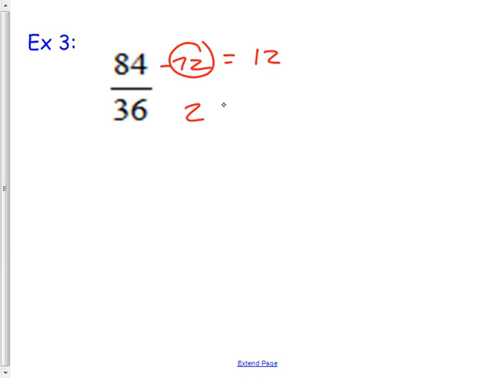So I'm going to have 2 12/36. I know I can divide this by 12 and this also by 12 to get 2 1/3 for a grand total there. So 84/36 can be written as 2 1/3 as a mixed number in simplest form.